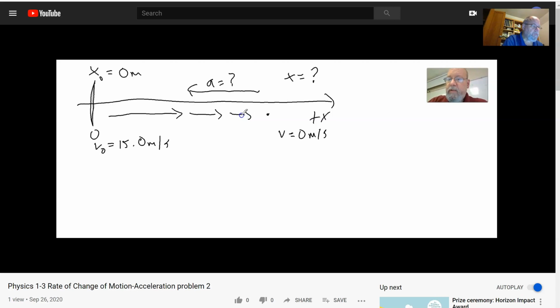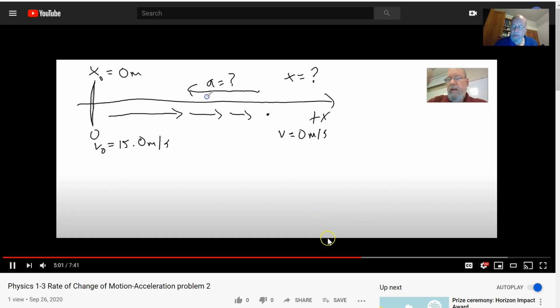Even though the velocity vectors are pointing to the right, the motion is to the right or the positive, the length of these vectors is getting longer going to the left. And it's always going to work out that if I make my acceleration arrow go in the same direction that the velocity arrows are increasing in length, I will always have the correct direction for my acceleration. Okay, so a lot of things to consider here.